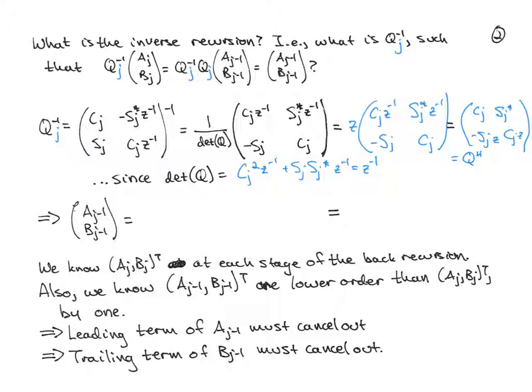Okay, so what that means is that the polynomial from the previous time point is equal to the polynomial at the current time point times this inverse matrix, or this Hermitian matrix, this transpose matrix.